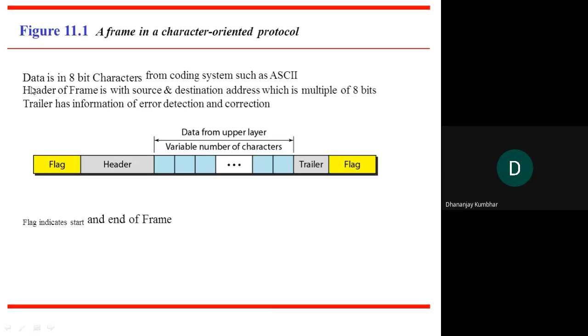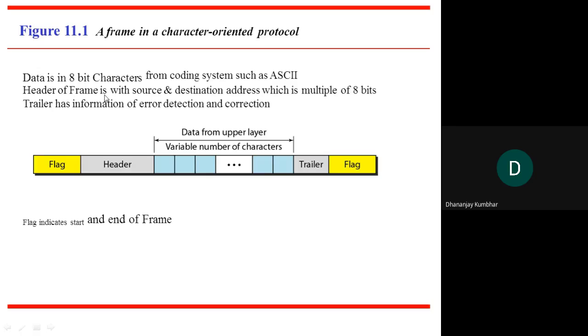For example, the data is in 8-bit character form only. Whenever we stuff, say, 80-bit data, that 80-bit data will be a multiple of 8-bit characters only. That means the data is in 8-bit character form from coding systems such as ASCII.